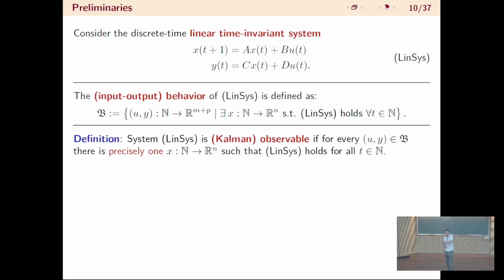But the system is called observable if there exists only one state trajectory for which these equations hold for all time. In that case, we say the system is observable. So what does this mean intuitively? It means that using the external variables of the system, so using the input-output trajectory, you can reconstruct the state of the system, because there is exactly one state trajectory corresponding to that input-output trajectory. And so observability means you can reconstruct the state from the input-output trajectory.